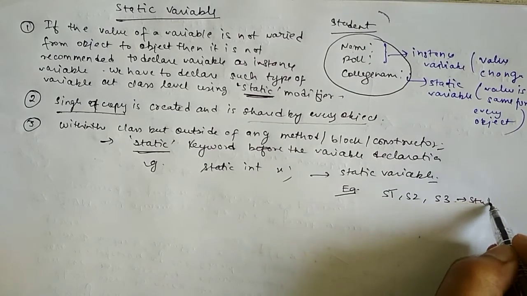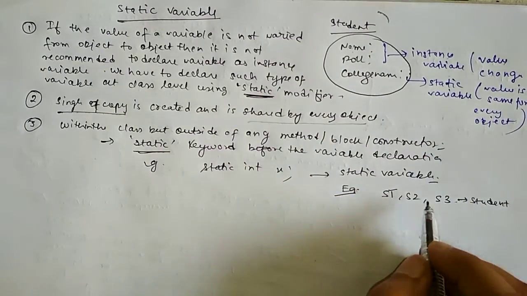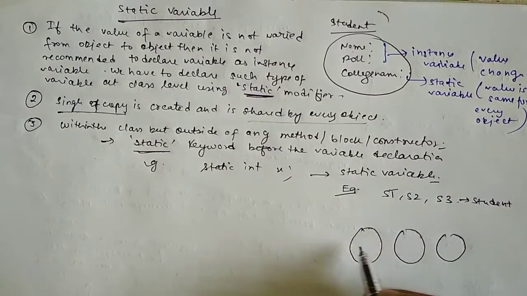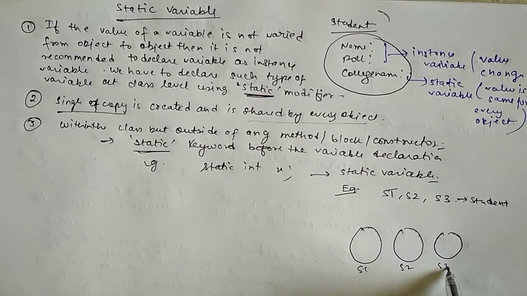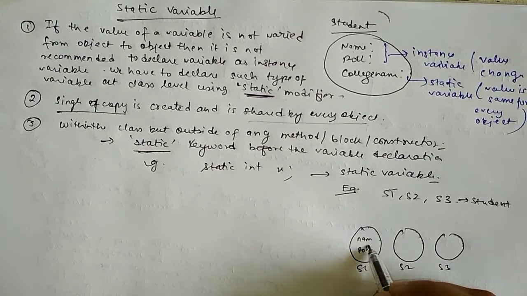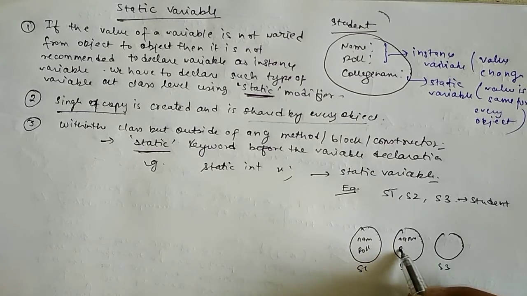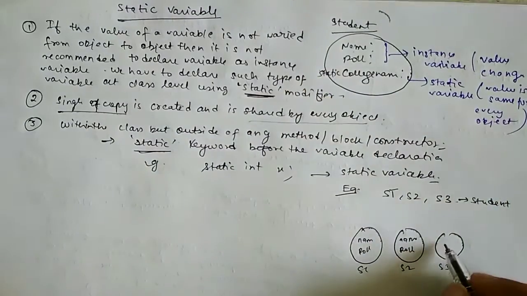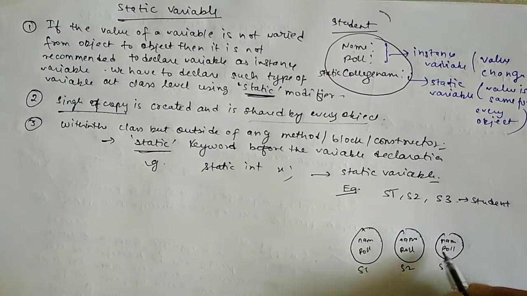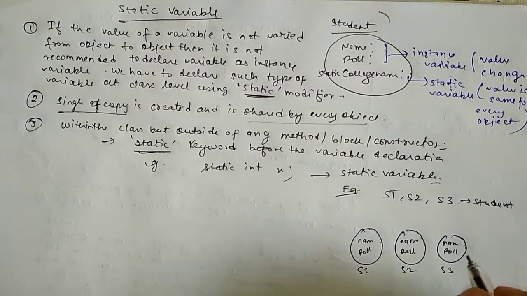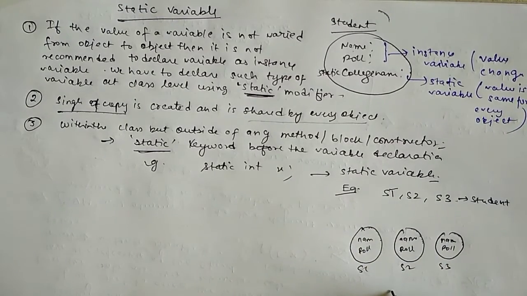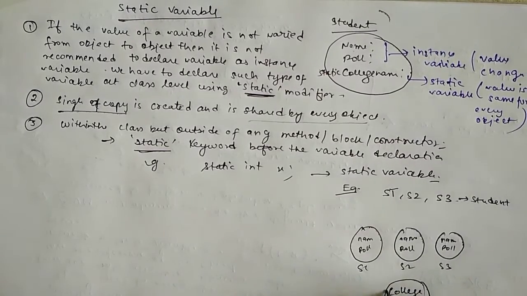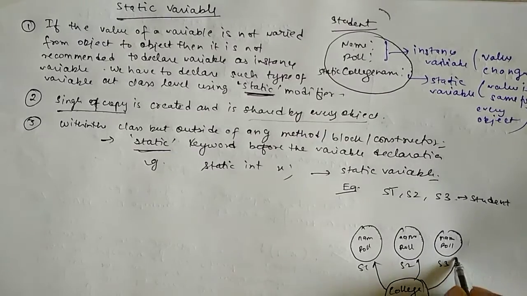In each object, S1, S2 and S3, name and roll will be present as a separate copy, as these are instance variables. But in case of college name, a single copy is created which is shared by every object.